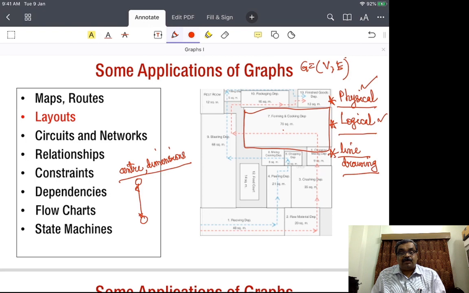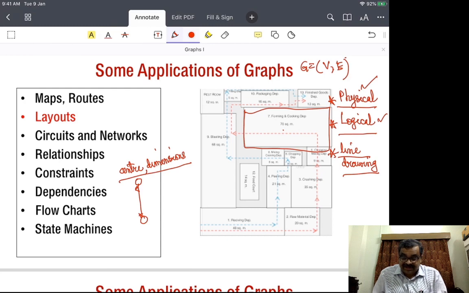But now since there is no location, we will only have the size of the rectangles as label. And between two rectangles, we will have an edge if there is a constraint between them. That means one rectangle needs to be above another rectangle, one needs to be at the left of another rectangle, somebody needs to be below another rectangle, and so on and so forth.